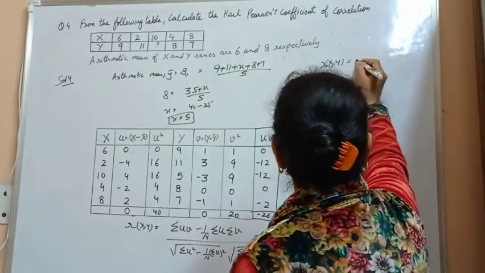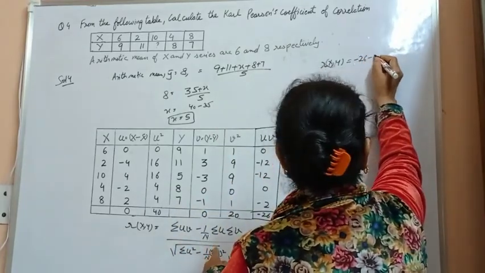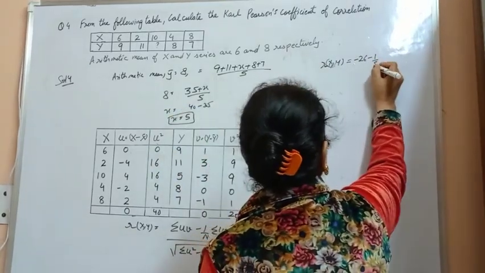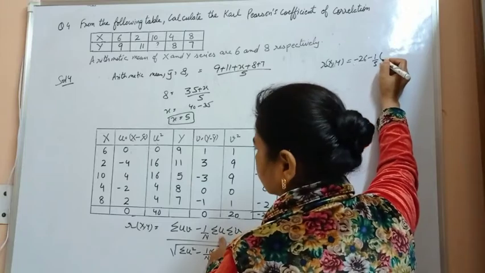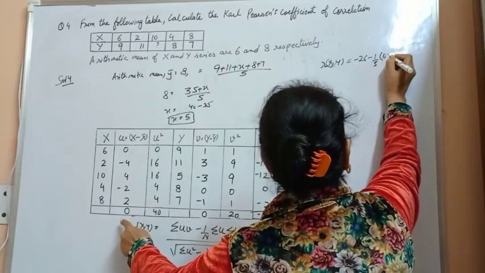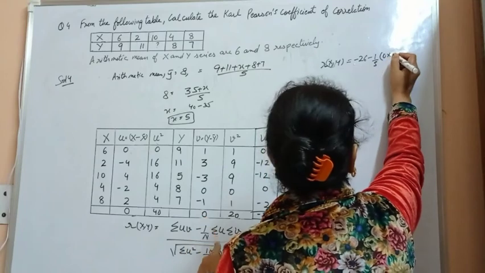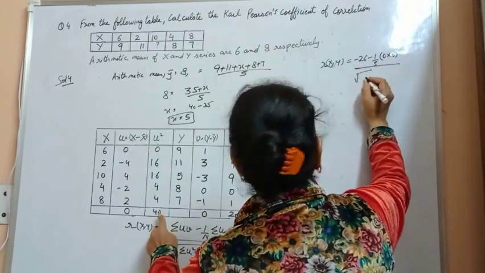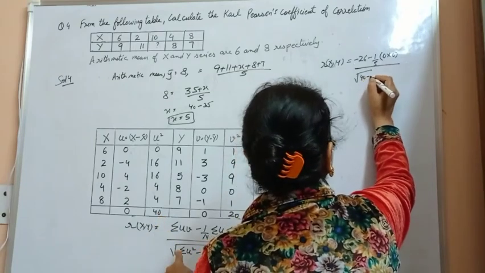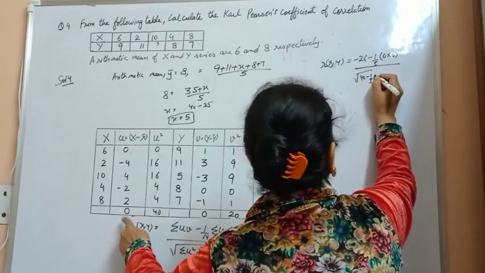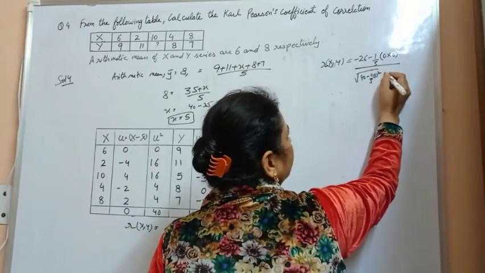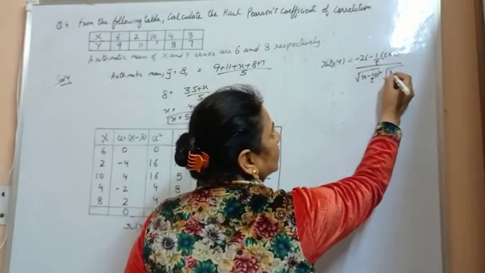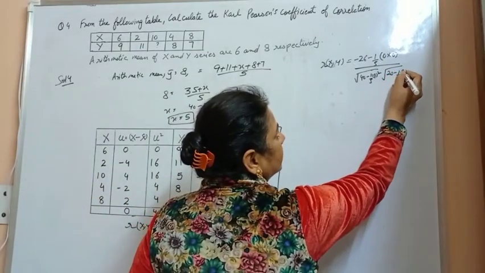We get sigma uv is minus 26, minus 1 upon, as there are 5 observations, so 1 upon 5, sigma u is 0 into sigma v is 0, divided by under root of sigma u square, which is 40 minus 1 upon 5, sigma u square is 0, multiplied by sigma v square, which is 20 minus 1 upon 5, 0 square.